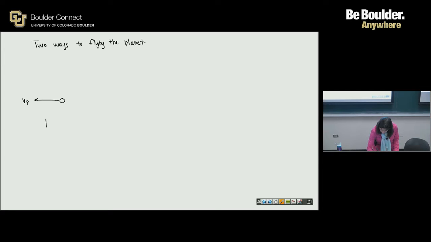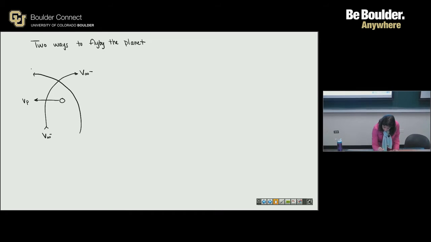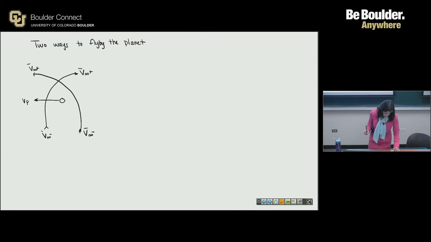We can fly by like this, where we've got v infinity in, v infinity out. Or we could fly by like this, where we've got v infinity in and v infinity out.